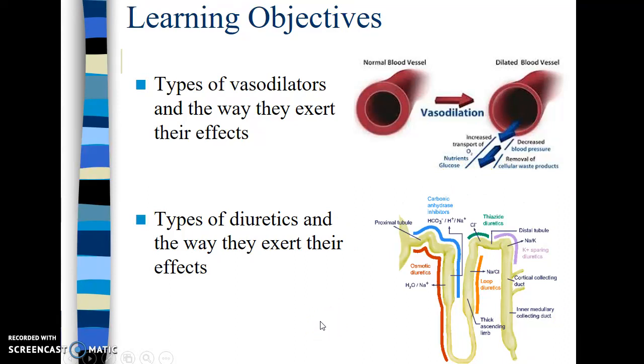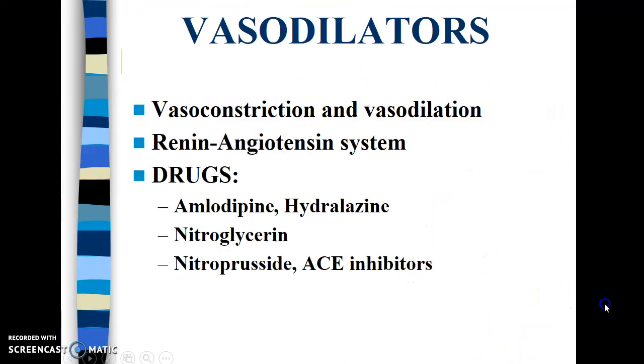In your Anatomy 2 class, you will be looking at the nephron of the kidney. So if you are not concurrently taking Anatomy 2, you'll want to brush up on your nephron anatomy. Okay, but first we're going to start with vasodilators.